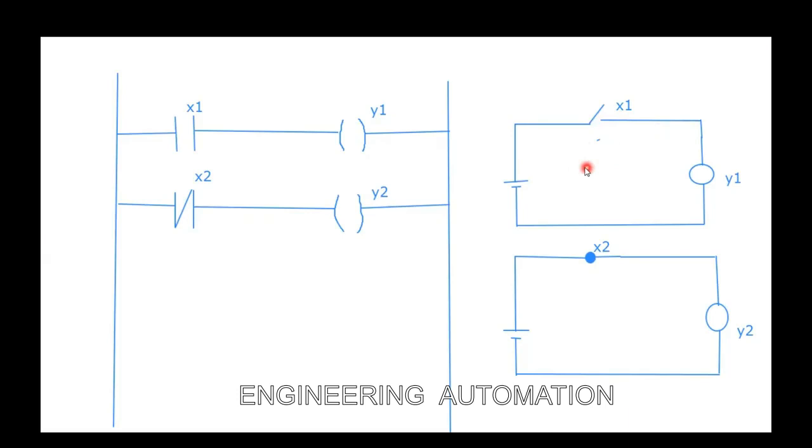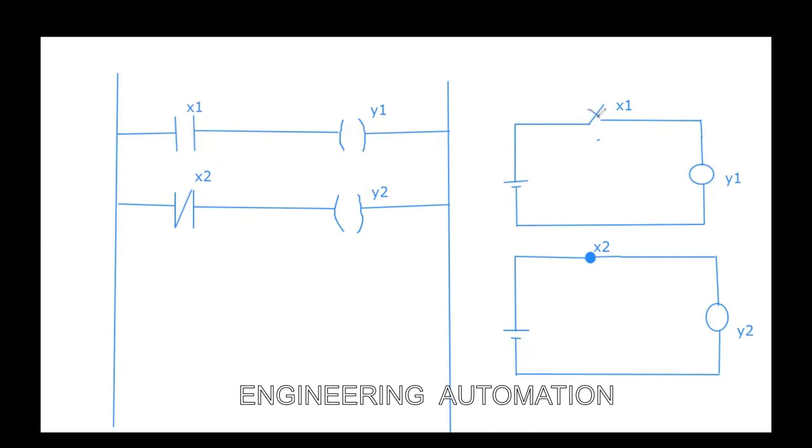I think we are very familiar with this type of circuit, right? We have done it in the electrical and electronics lab. This is a power supply we are giving to the switch. Since the switch is open, Y1 is off. The same thing is represented here: X1 is in an open condition, so Y1 is off.